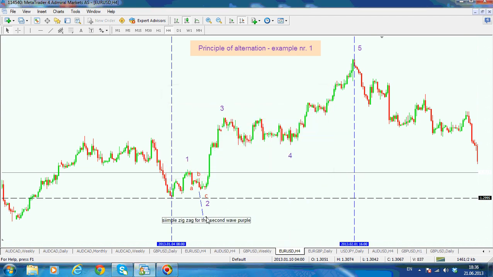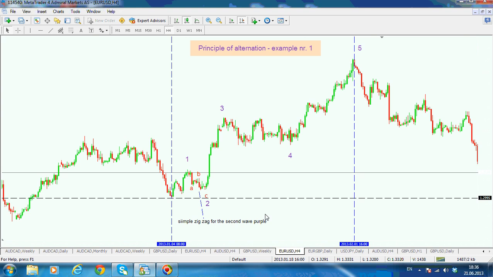And this zigzag here gives you the clue that when you're looking for a fourth wave, then you're looking for the fourth wave to alternate in structure when compared with the second wave. Now if the second wave is only, let's say, corrected with a simple zigzag, then you're looking for the fourth wave to make a complex correction or a contracting triangle and so on.